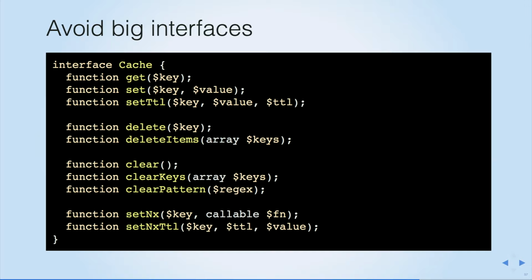Other people need to delete stuff. Other people need to be able to clear the whole of the cache. Other people need to clear part of the cache. Some people need to clear part of the cache by regex. And the interface that was under discussion just grew and grew and grew.